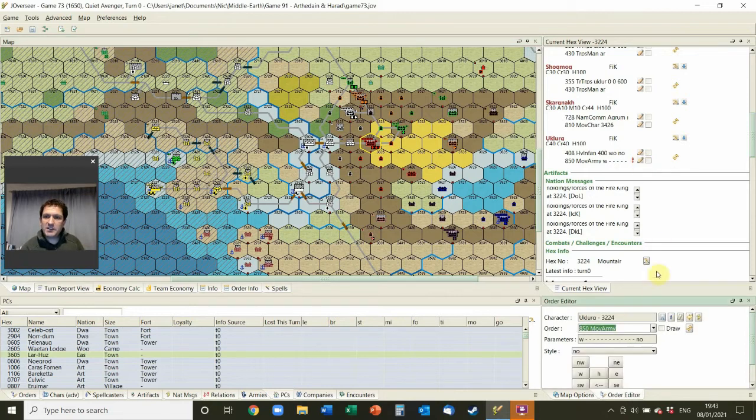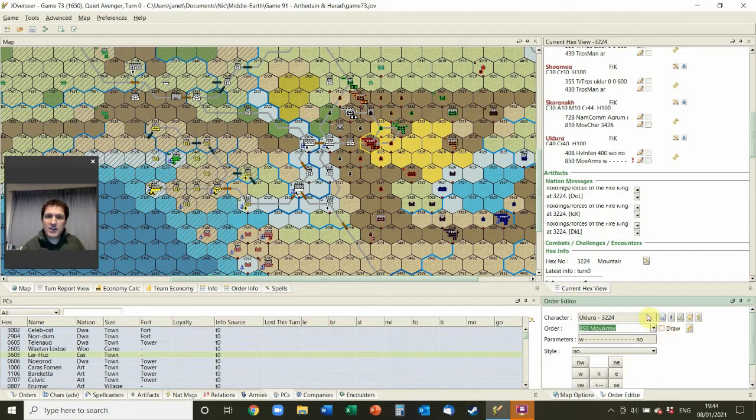But what can happen this time is I've already put in the order here for Ucklug's army to move 1 hex west. Would you believe it? The Fire King's moving down the Ithil Pass to Minas Ithil. And so when I click draw, it shows me where I go, and it shows me how many movement points it costs. So that's really useful.